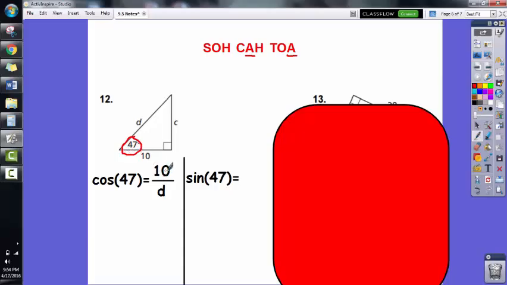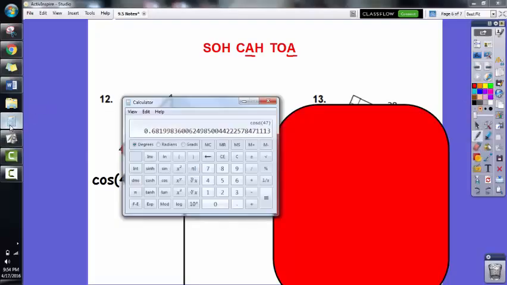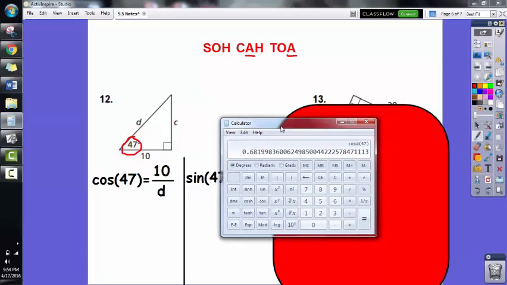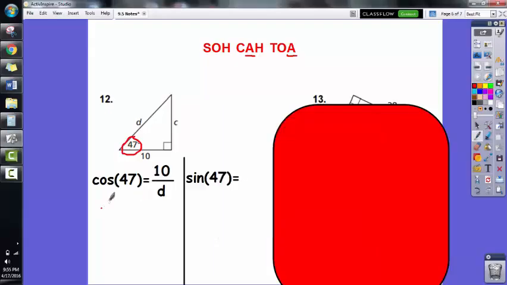My adjacent side is 10, and my hypotenuse is d. So if I find the cosine of 47, that is 0.682 equals 10 over d. You have to multiply by d on both sides to undo that.